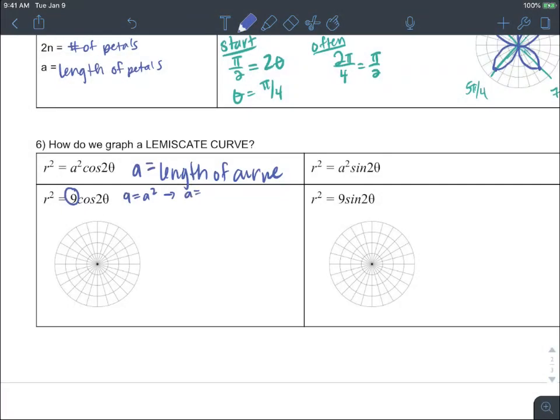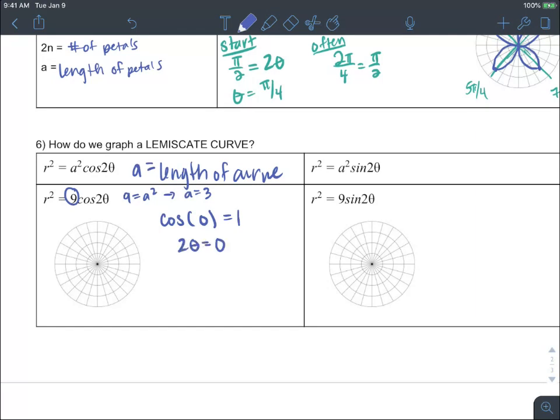Okay, and if we think about the cosine of theta, it has its longest point when cosine is equal to 1. That's when the angle is equal to 0. So we want to figure out when 2 theta is equal to 0.